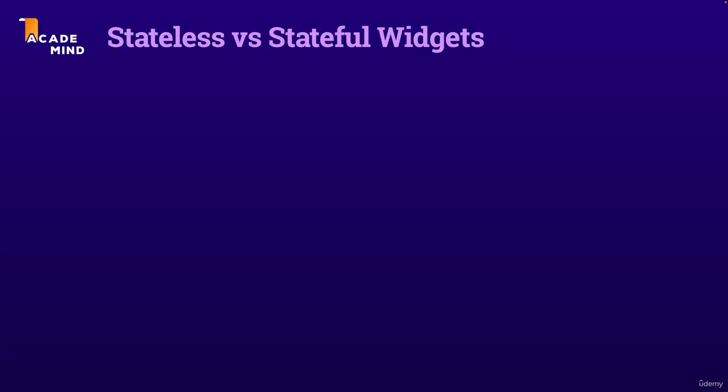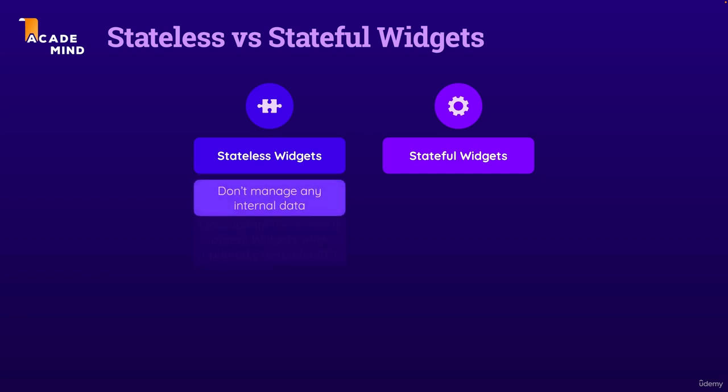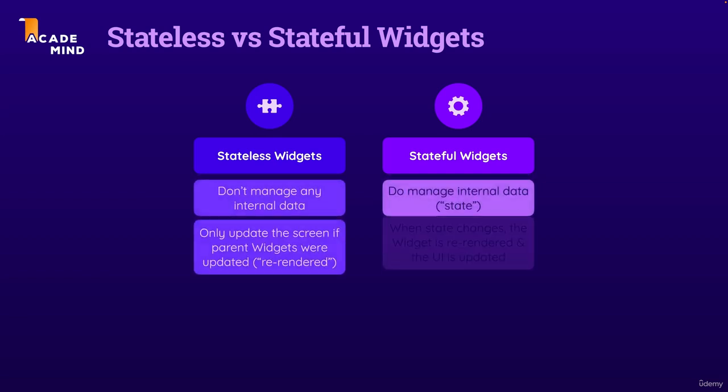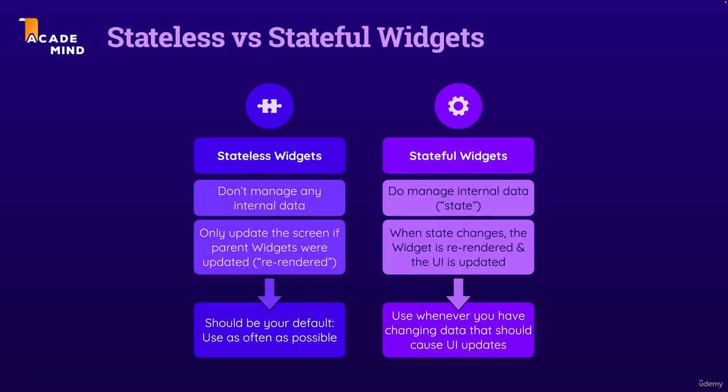Now, in this section, when building custom widgets, you also learned that there are two main kinds of custom widgets, stateless and stateful widgets, with the difference being that stateless widgets have no internal changing data, which when changed should update the UI, whereas stateful widgets indeed do support internal data that may change and where such data changes then should lead to an updated UI.